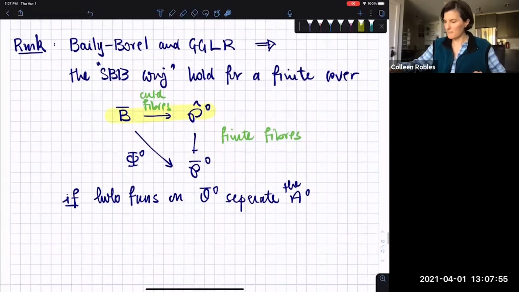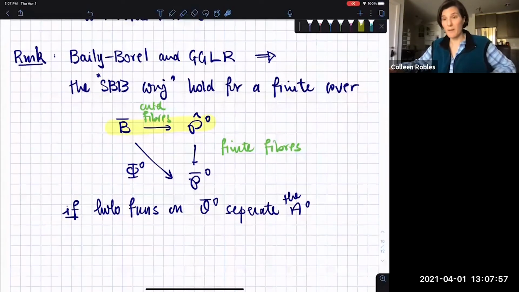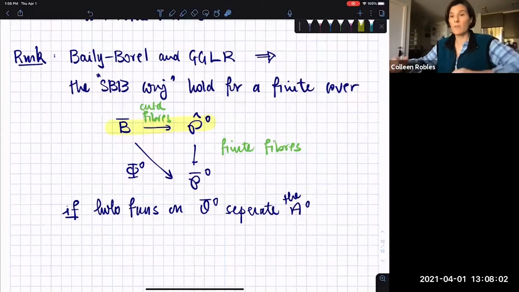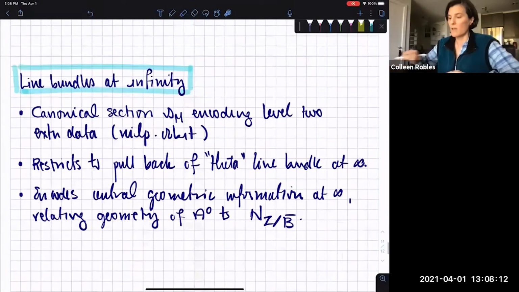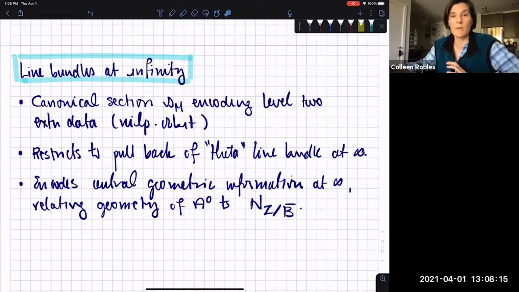So the first thing I want to talk about before we go back to that diagram is how we use this period matrix representation at infinity to construct line bundles and certain canonical sections. These sections will turn out to encode the level 2 extension data at infinity.